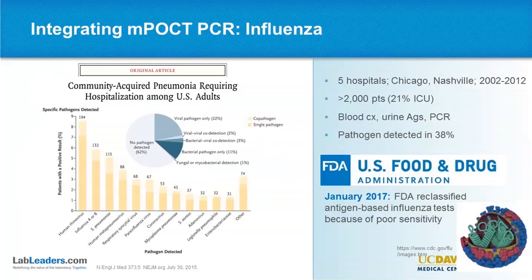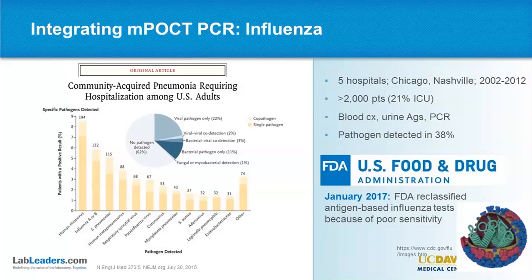Some of the measurements that were done were blood culture, urine antigen, PCR. And what's striking here is that 62% of all these results were negative for a pathogen. This shows that we're actually doing a lot of tests that end up being negative, which means these people may not need any of these antimicrobials that could have been prescribed empirically.